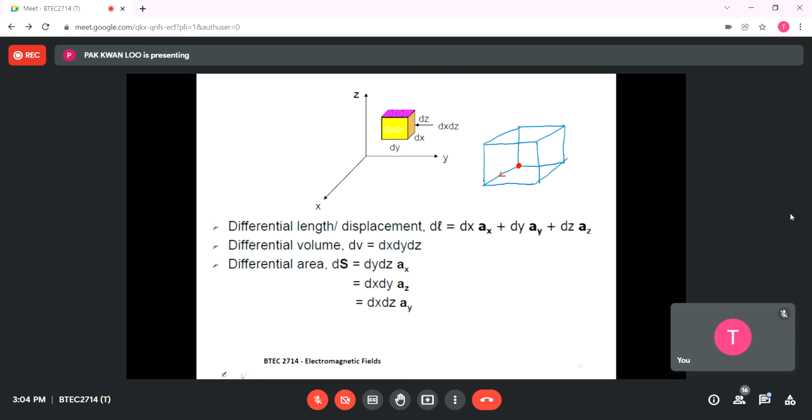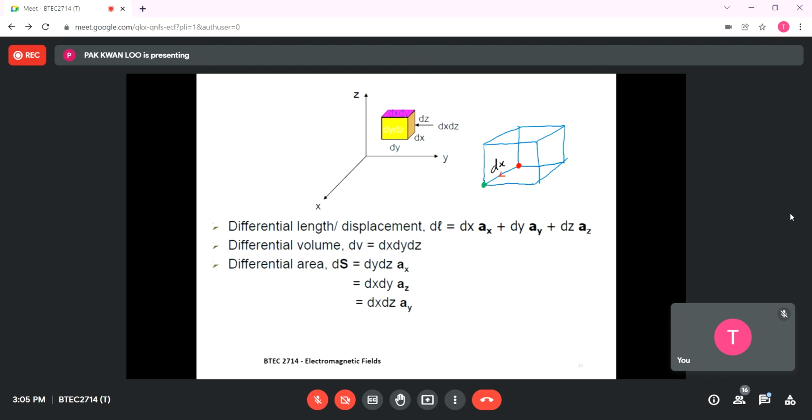So you landed at this point now, and this length here is dx because you are moving in the x direction. So these are small changes. This is a small length. Normally we represent this small distance here as dx.